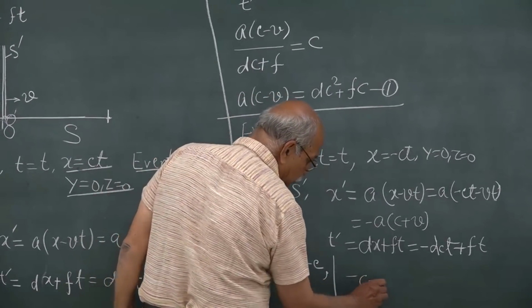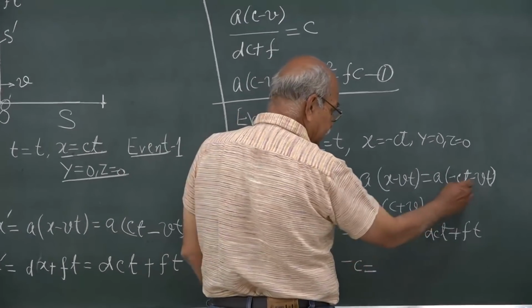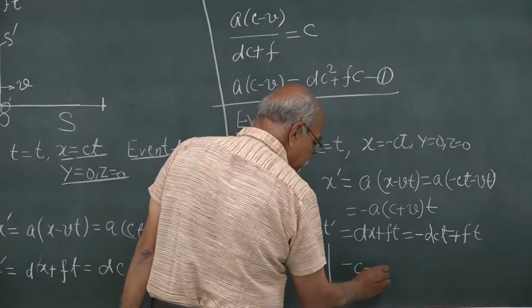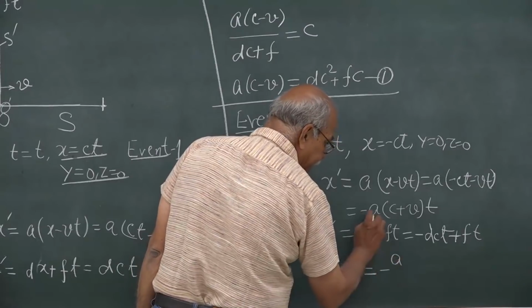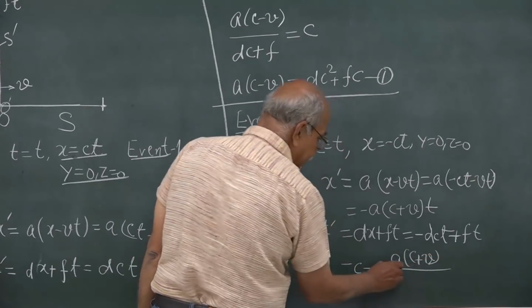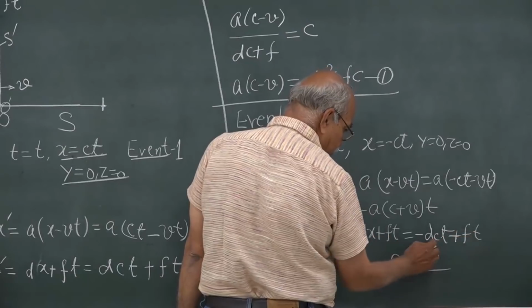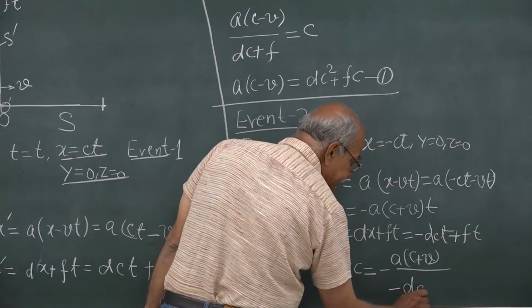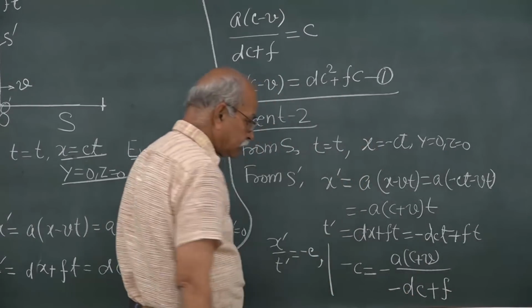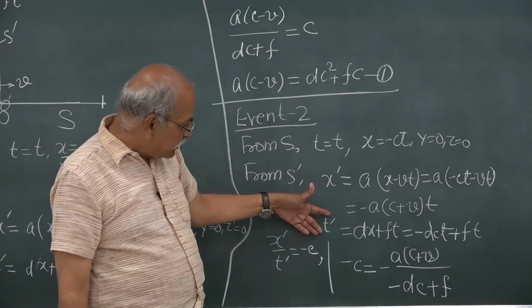Minus c equals minus A into c plus v, divided by minus D c plus F, since x prime by t prime is minus c.